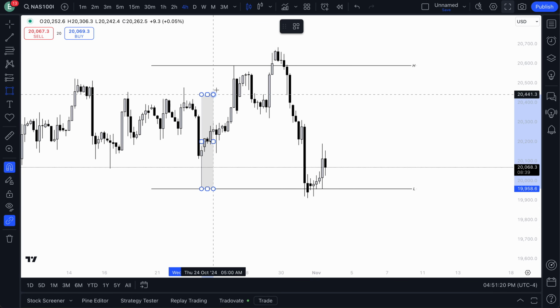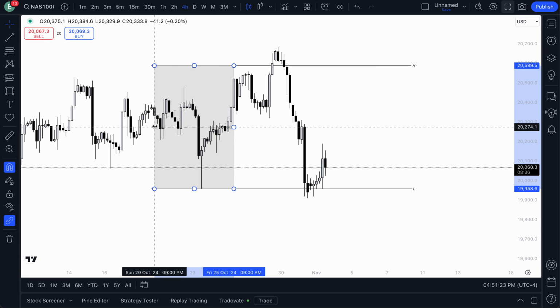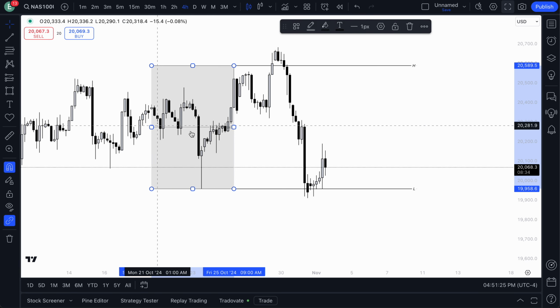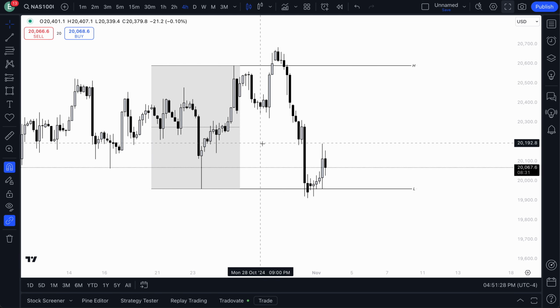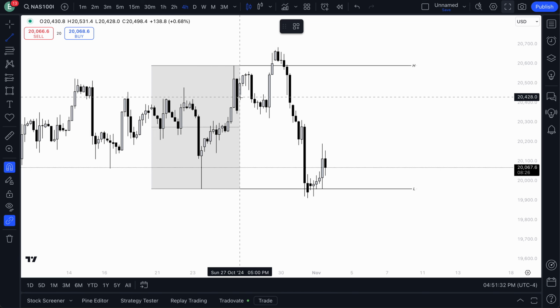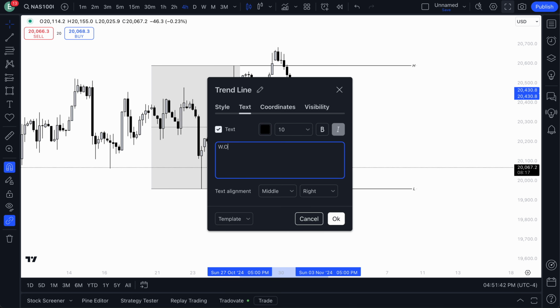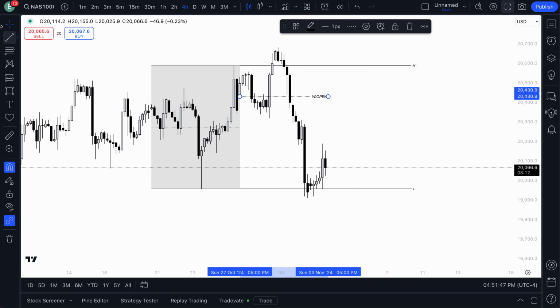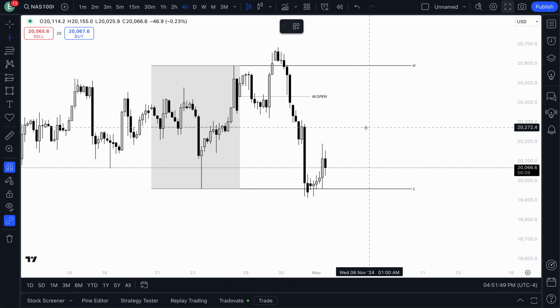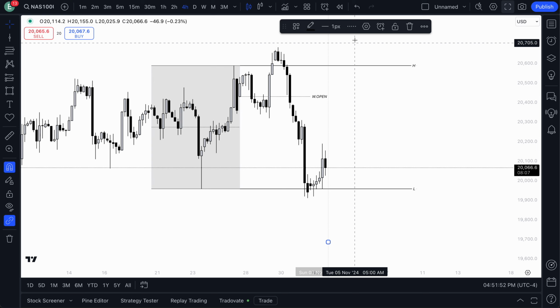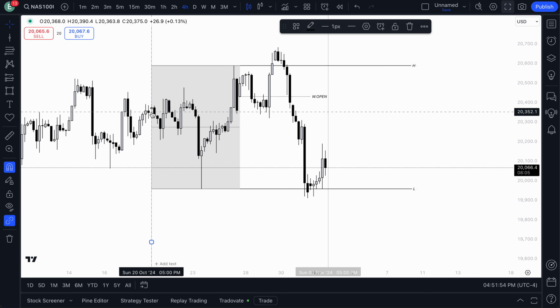Here's a range. Here is our weekly open.